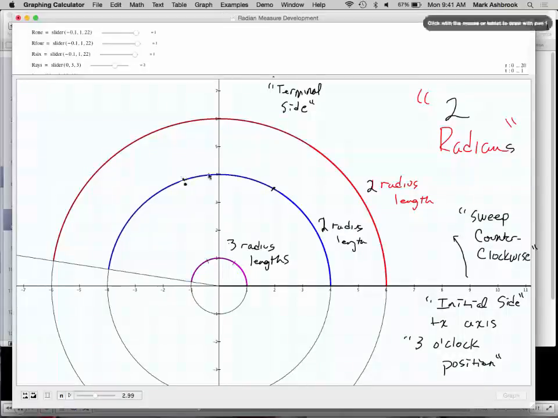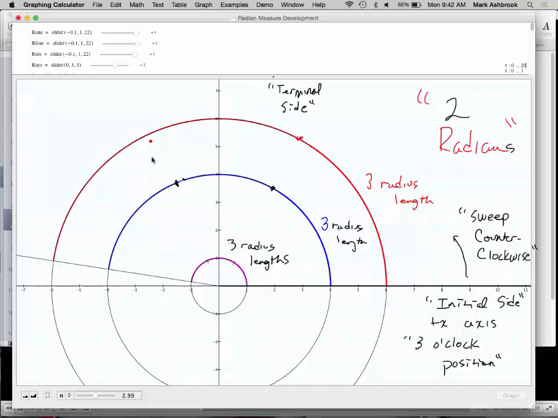There, okay, so there's 1 radius length, 2, 3 radius lengths. So this is on the blue circle, 3 radius lengths. And on the red circle, it's still 3 radius lengths.